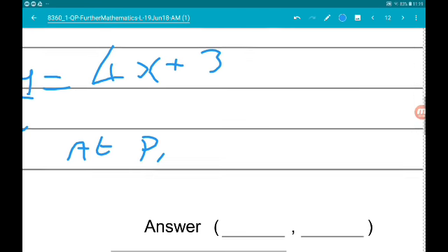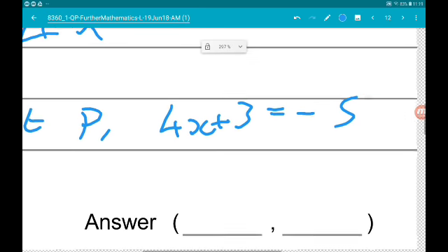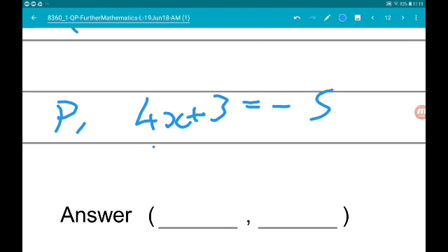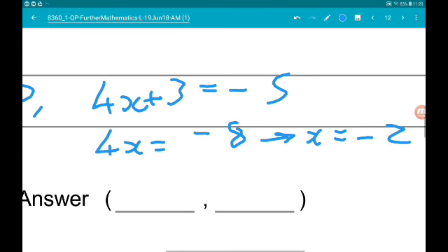So at P we know that 4x add 3 is equal to minus 5. So if we take away the 3, 4x is minus 8. So x is minus 2. So we know our x-coordinate.